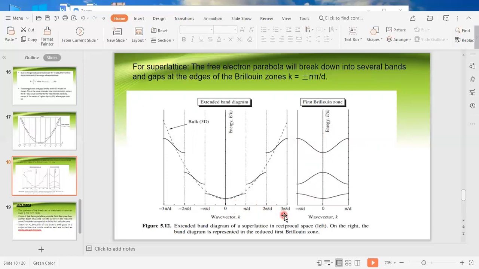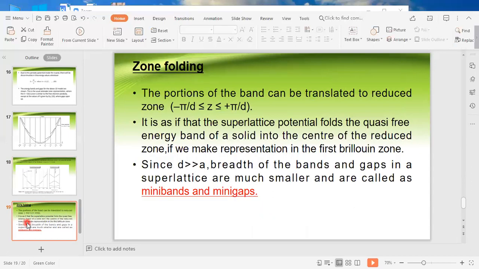Similarly, the Brillouin zone at 3 pi by d, if it is folded once, will merge with the Brillouin zone of 2 pi by d, and if it is folded twice, it will merge with the first Brillouin zone. So this concept is called zone folding.